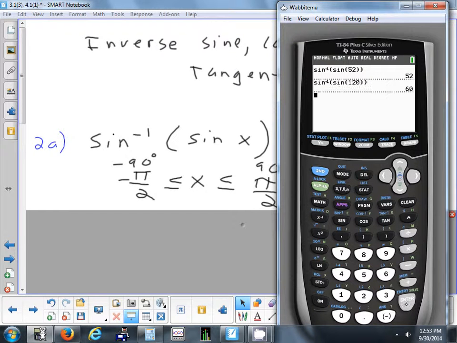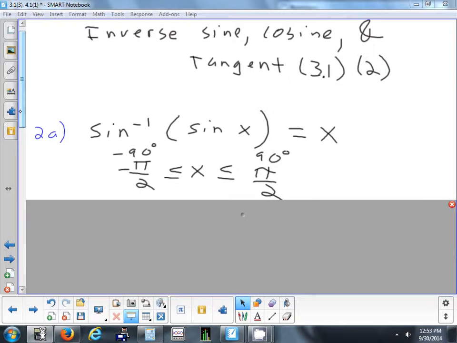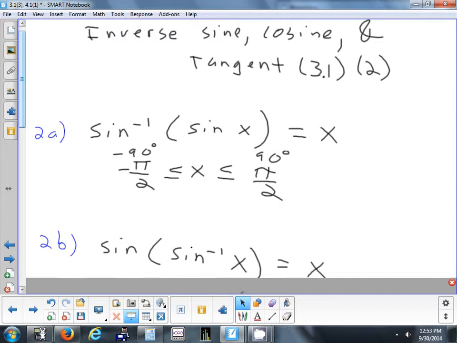No. I get an answer, but I don't get back what I started with. That's because I didn't go between negative 90 and 90. Any question on that formula? So all these formulas today, they're only going to work over certain intervals. Most of the intervals you already know.